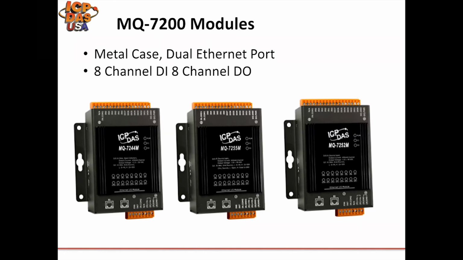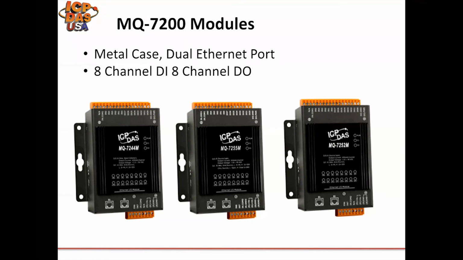If you're familiar with our products, then it should come as no surprise to you that these are based on our ET7200 Modbus TCP IO modules, but these have a bit of extra juice. These modules feature a very robust metal housing, dual Ethernet ports for easy daisy chaining, the built-in web server and MQTT settings that you saw before.